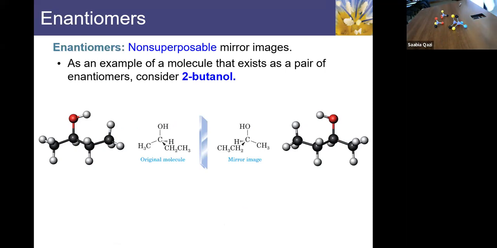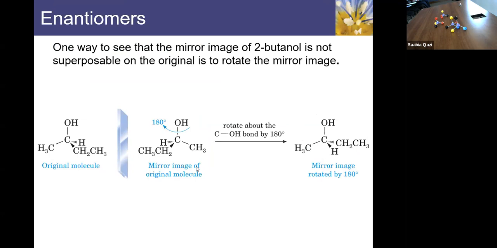He did it on paper. He took 2-butanol like this, with one ethyl, one methyl, one hydrogen, one alcohol. And then he tried to rotate it, the way I rotated it. But he's trying to tell you that no matter what you do, they will not be superimposed.